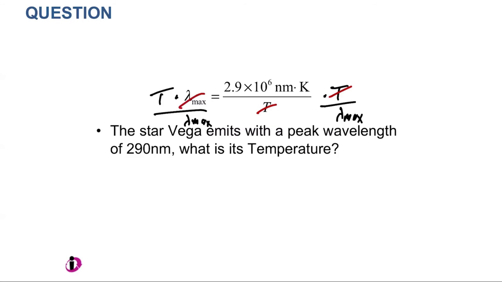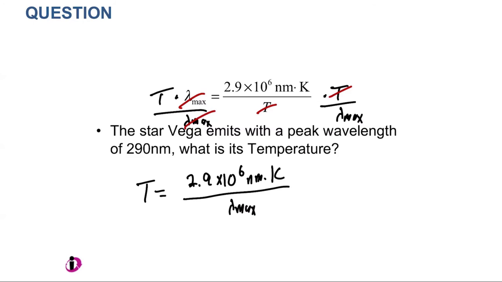And the lambda maxes over here will cancel out. And we'll get an equation that looks like T equals 2.9 times 10 to the 6 nanometers times kelvins divided by lambda max. And since I know that lambda max is 290, let me just plug in 290 nanometers.